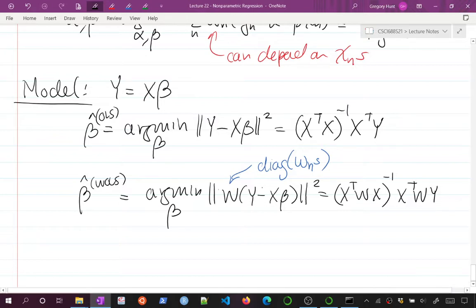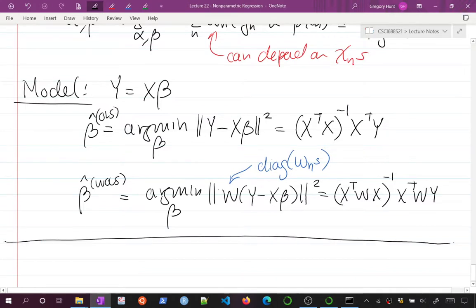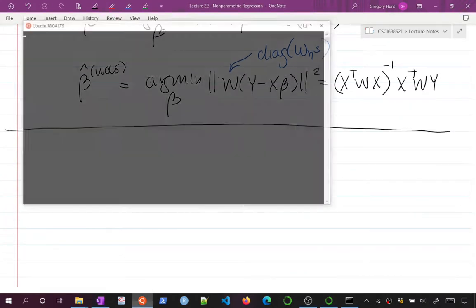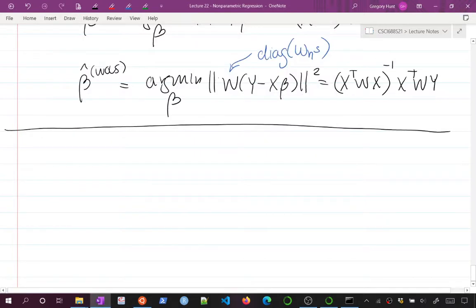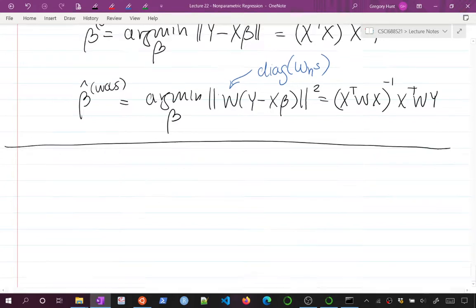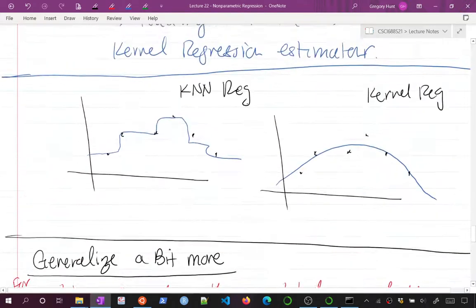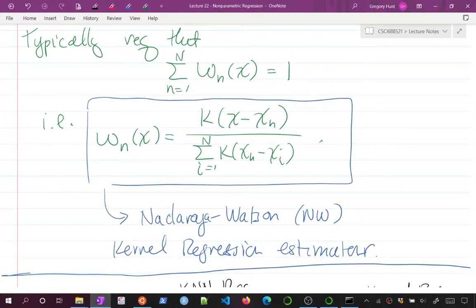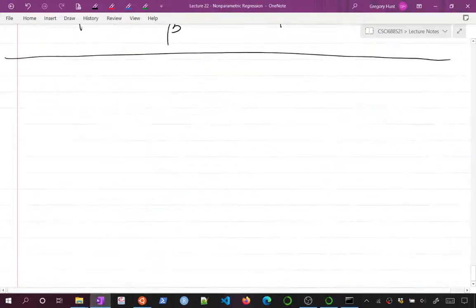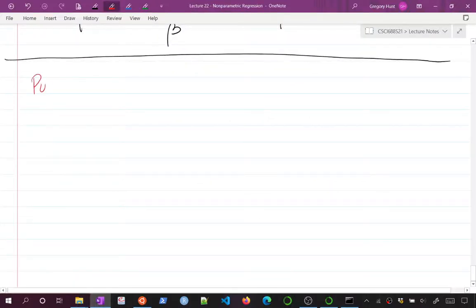So what is the whole point of this diatribe into weighting? Weighted averages, weighted OLS. The point is that we can interpret our kernel regression estimator, this NW kernel regression estimator, as some kind of weighted OLS. So, punchline, what if I consider fitting f hat at some point x?